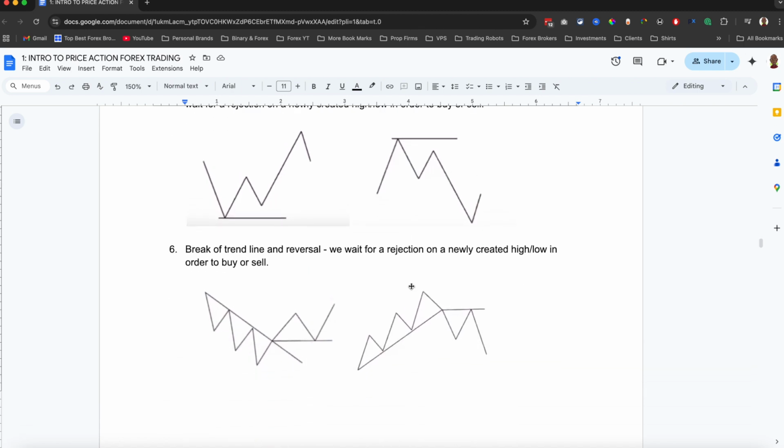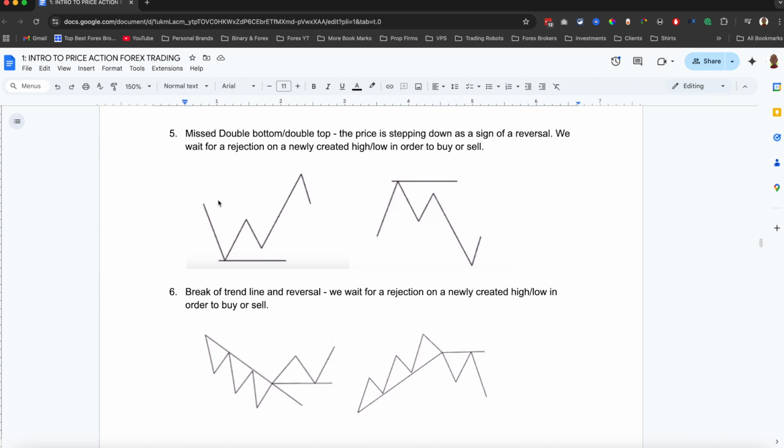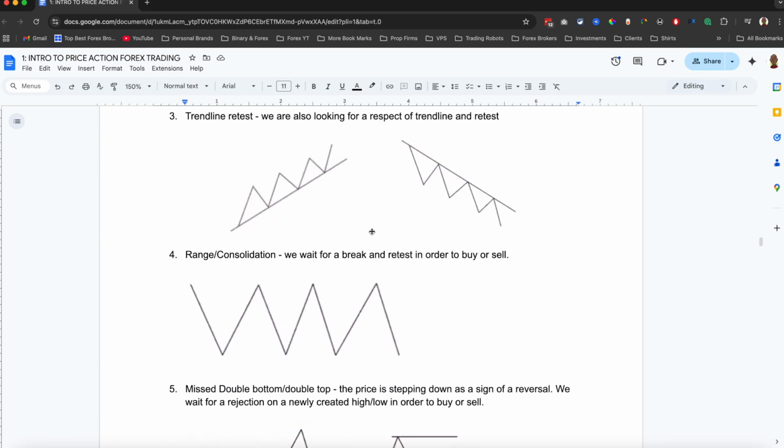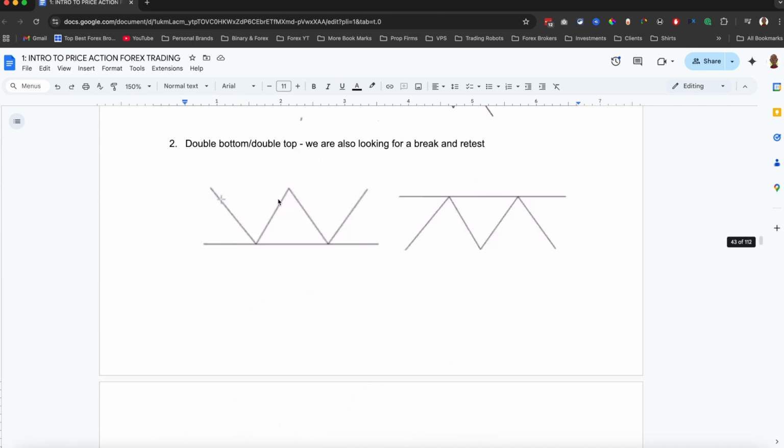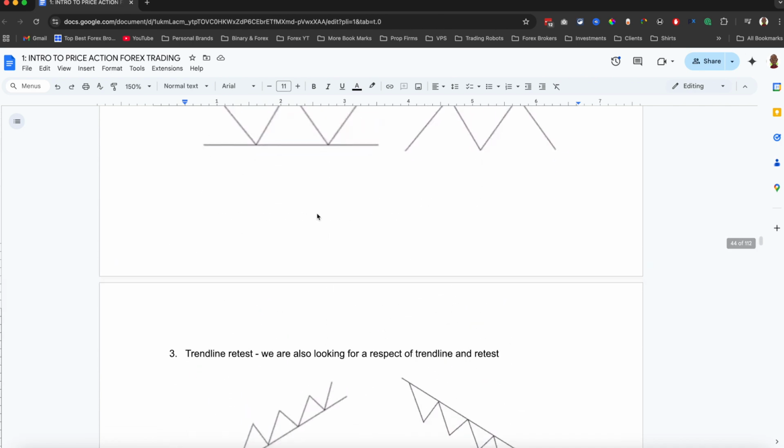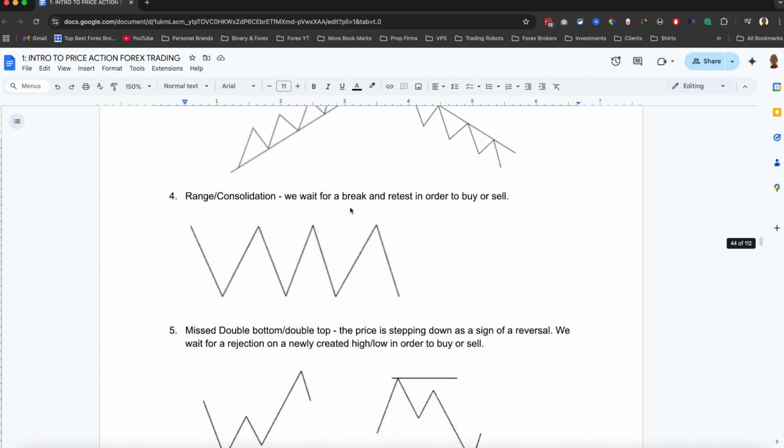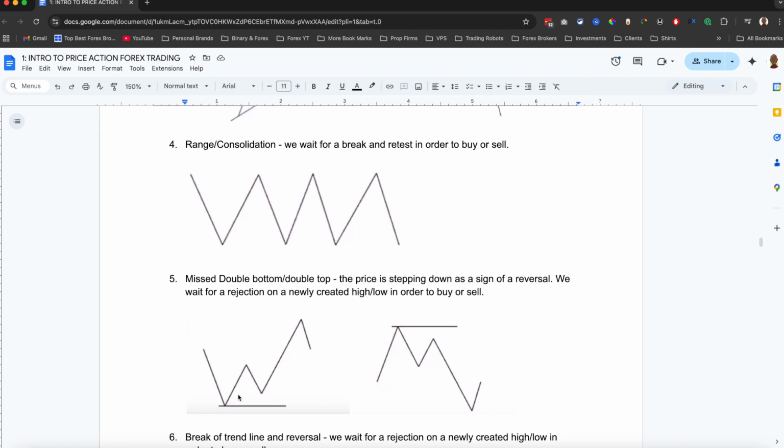And lastly, second last is the missed double top or double bottom. So this is the price stepping up, okay? We see that the price was going down, and now the price is stepping up. It's respecting this low here. It's not the same as the double top or double bottom, where the price comes up to this bottom here or this top here, but in this, the price is stepping up.